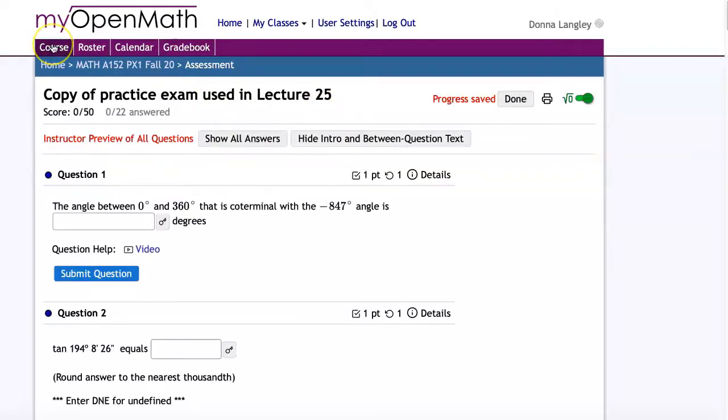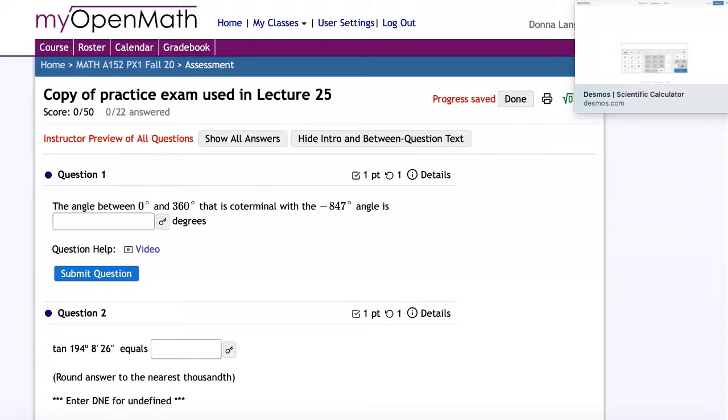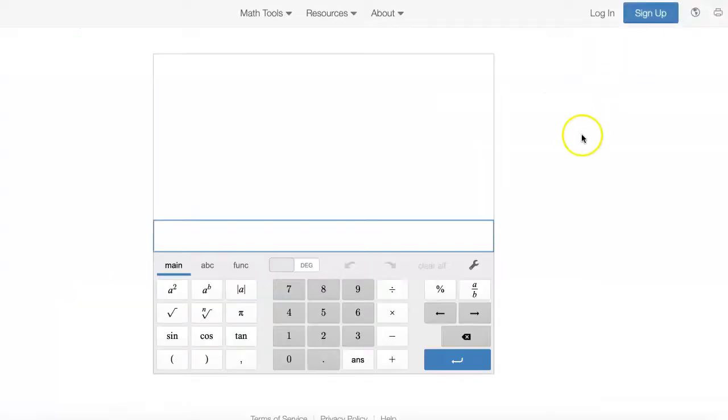For one, we need to find the angle between 0 degrees and 360 degrees that is coterminal with the given angle here. So in order to do that, all we need to do is start with that given angle, negative 847, and then we need to just add multiples of 360 degrees.